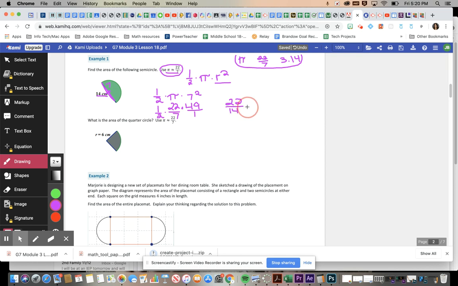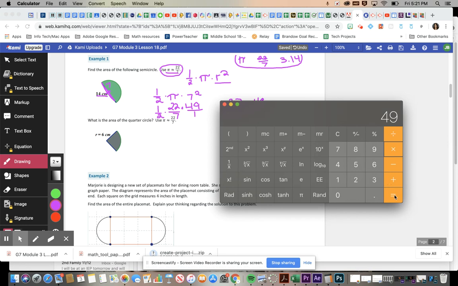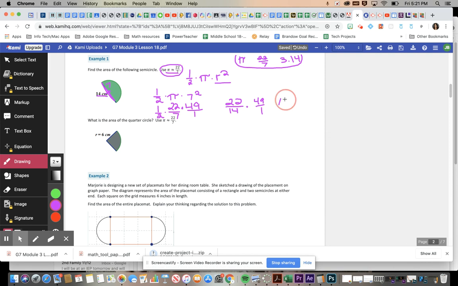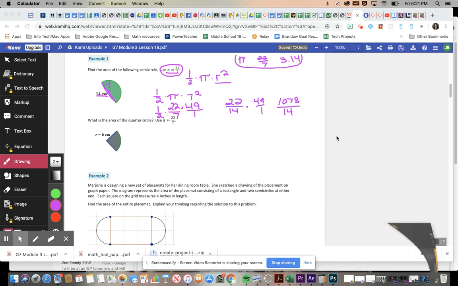And then I'm going to take that new fraction times 49 over 1, and let me grab my calculator. 22 times 49 is 1078, all over 14 times 1 is 14. And then I can divide those. So 1078 divided by 14 equals 77.